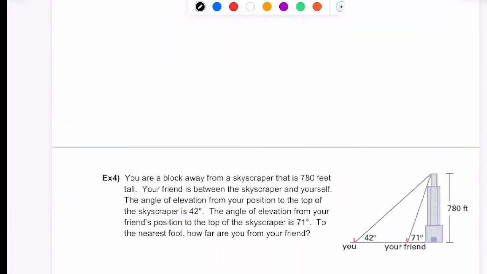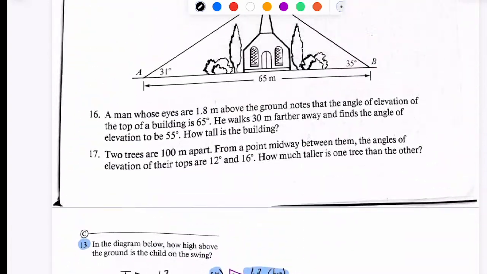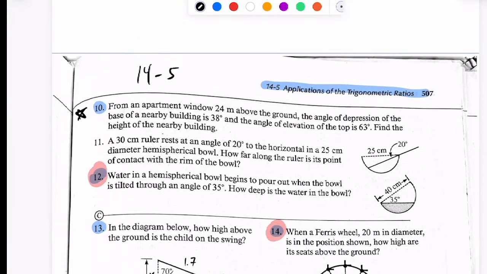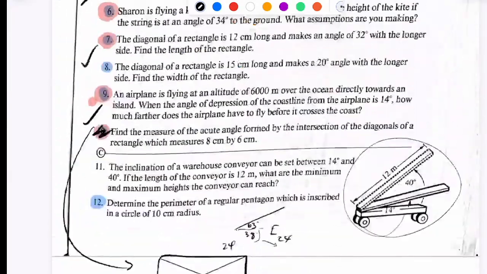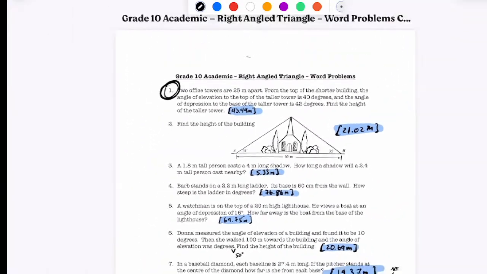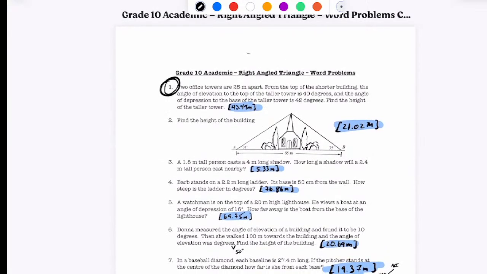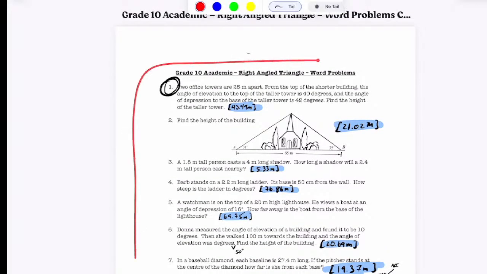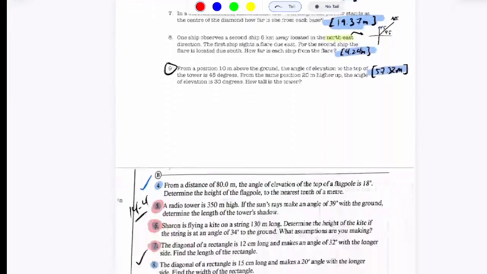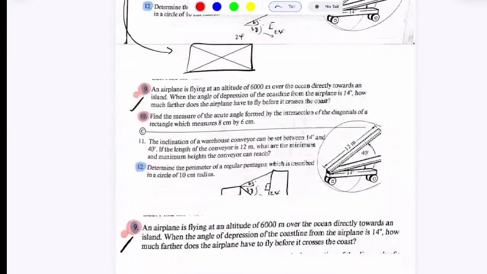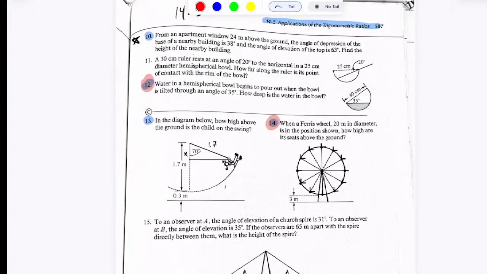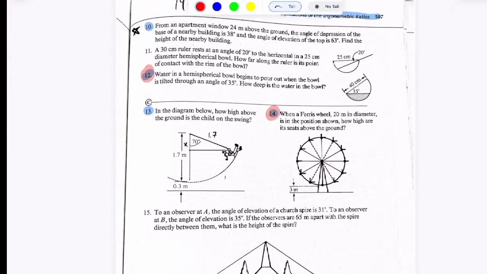There'll be some quick ones. Take a look at the first worksheet, 1 to 9, would be good practice for the word problems. There may be some other little word problems as well. The Ferris wheel question's on, I've already told you that, so be okay with that. And that's it.